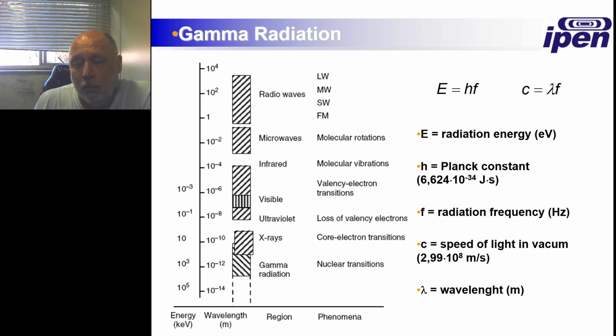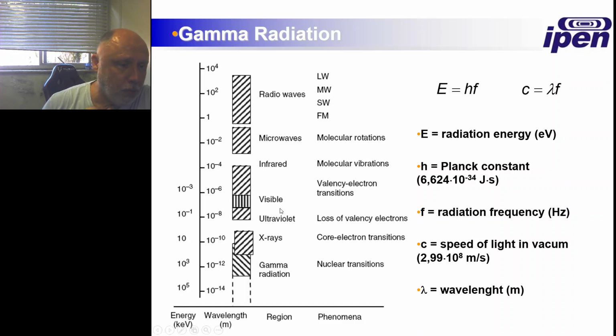That's how a microwave heats your food. Then you have infrared, which has to do with molecular vibrations, not rotations. And the upper infrared starts to have something to do with valence electron transitions, meaning you can get the outer electrons in an atom and somehow excite them.